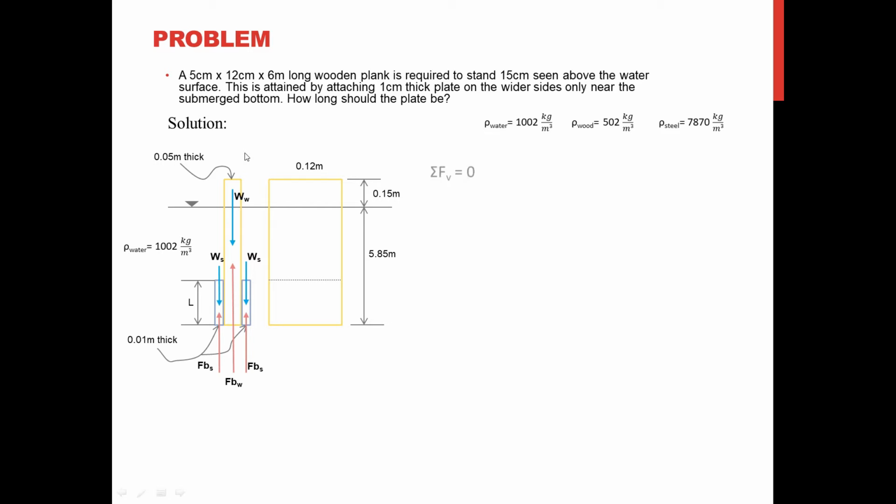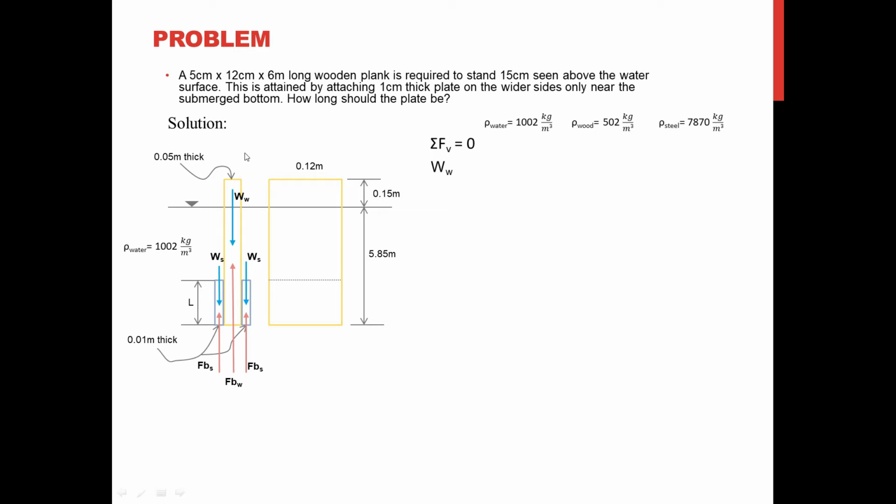So our solution. Obviously, we'll take off from the equilibrium equation along the vertical. Summation of forces vertical is equal to 0. The downward forces will just be equal to the upward forces.